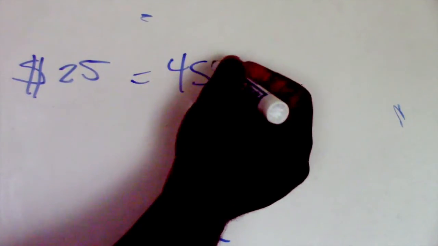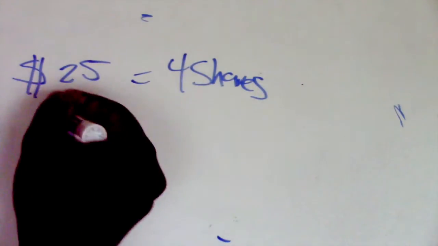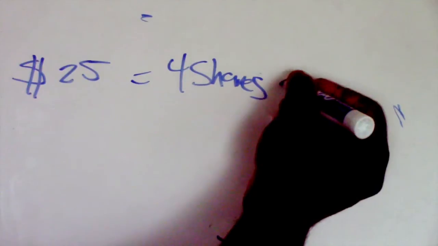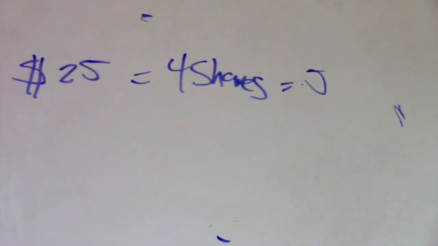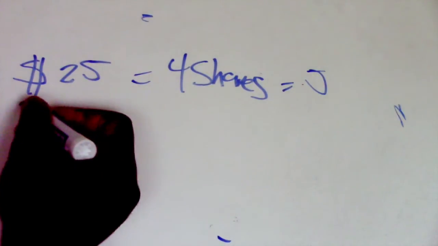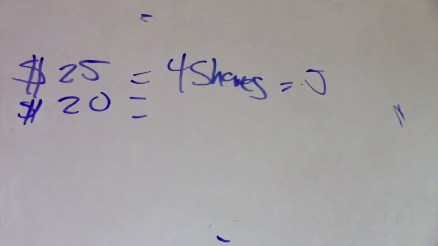4 shares. Excuse my handwriting. Remember, we're putting in $100 every month. I'm going to put a J here for June. The next month, it's now July. Let's say Starbucks stock dropped to $20.